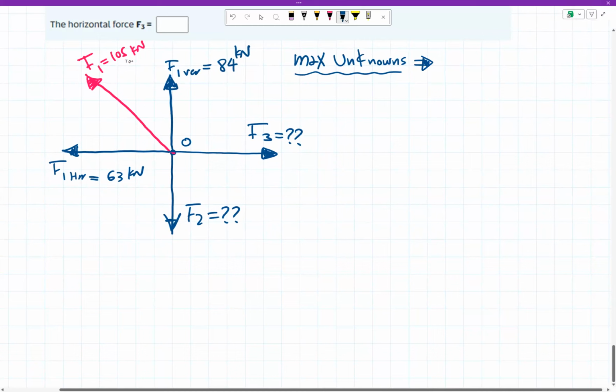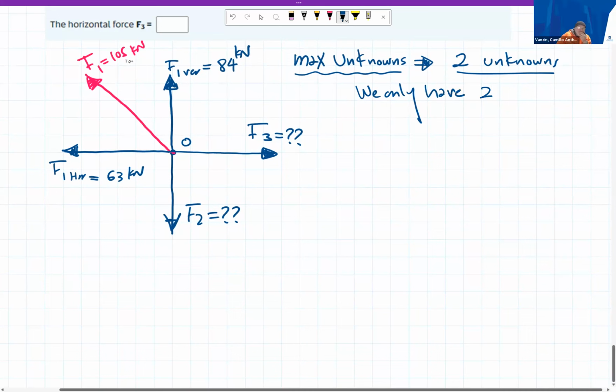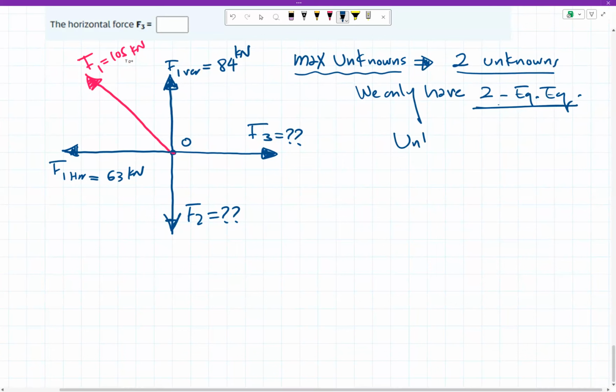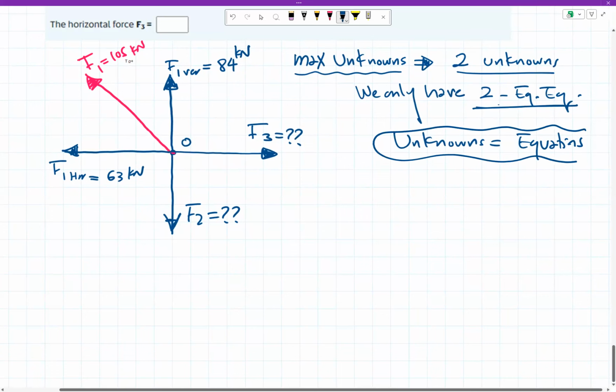Maximum, two unknowns. Why two unknowns? Because in this case we only have two equilibrium equations. The unknowns need to be equal to the number of equations, otherwise you will not be able to solve them. So now, what are the equilibrium equations we have?